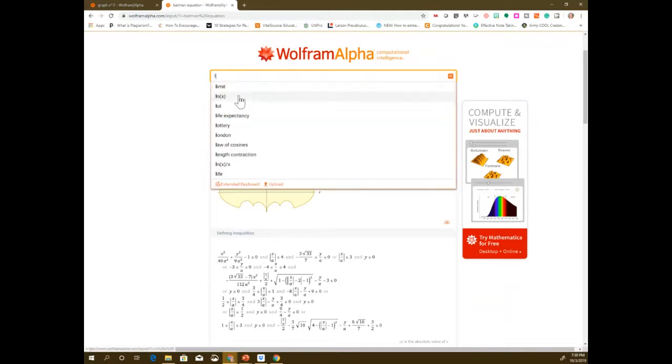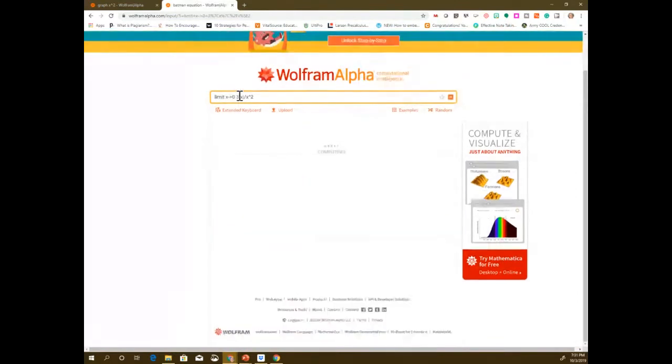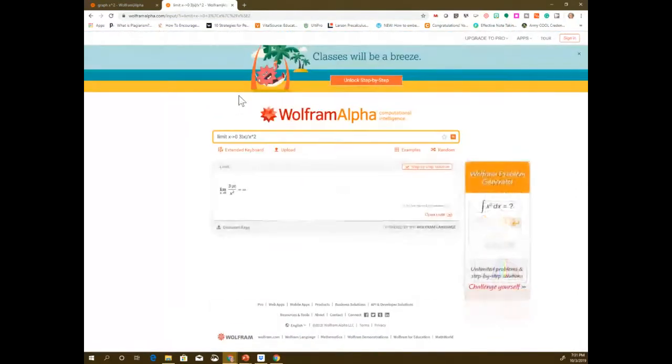So the one we just did, you would type in limit x, and then a dash and the side arrow, x to 0, 3, and then the vertical bar is an absolute value, and then divide by x squared. It's a little bit messy, but you can do it. And let's see what Wolfram Alpha says.